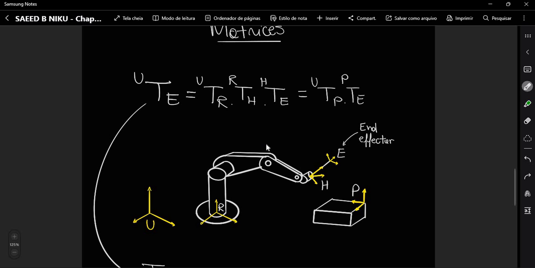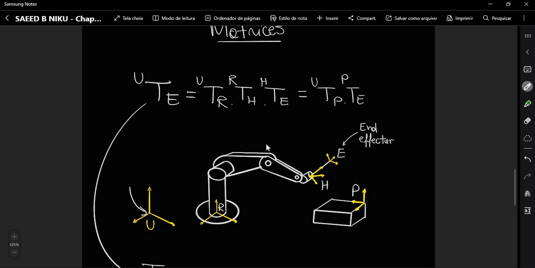And this reference system U is described by a reference frame R. The hand of the robot is described by a reference frame H, and the end effector is described by the reference frame R. The position of the workpiece is also described by the reference frame P, and the localization of the point at which the drill is going to be done can be related to the reference system U by two independent paths.